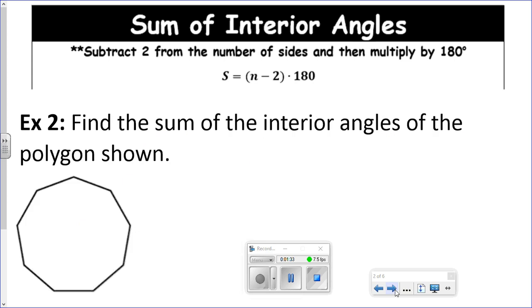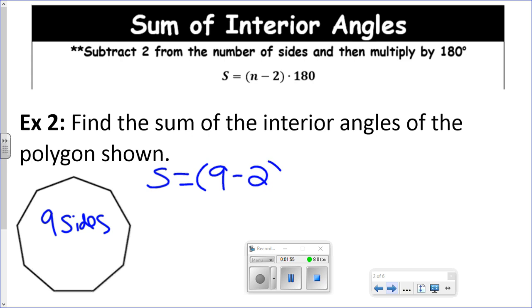All right, example 2. This one says find the sum of the interior angles of the polygon shown. So it's very similar to question 1, except you just have to count up the number of sides on this shape. And when you do, this shape has 9 sides. So we're going to do like we did in example 1, where the sum of the interior angles is equal to the number of sides, which is 9 minus 2 times 180.